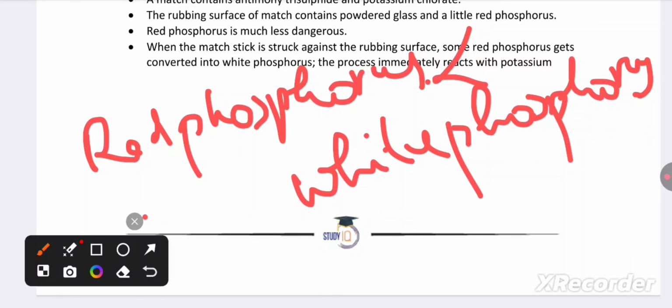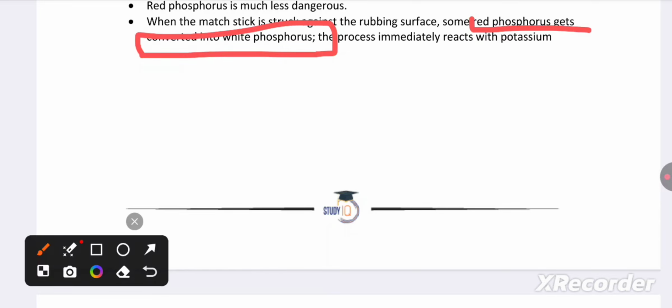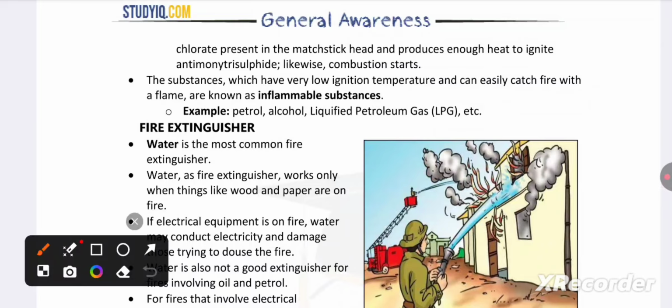Here, when the matchstick is struck against the rubbing surface, the red phosphorus, very important, gets converted into white phosphorus immediately and reacts with potassium chlorate. Then combustion will start. Substances with very low ignition temperature can easily catch fire. Very important.